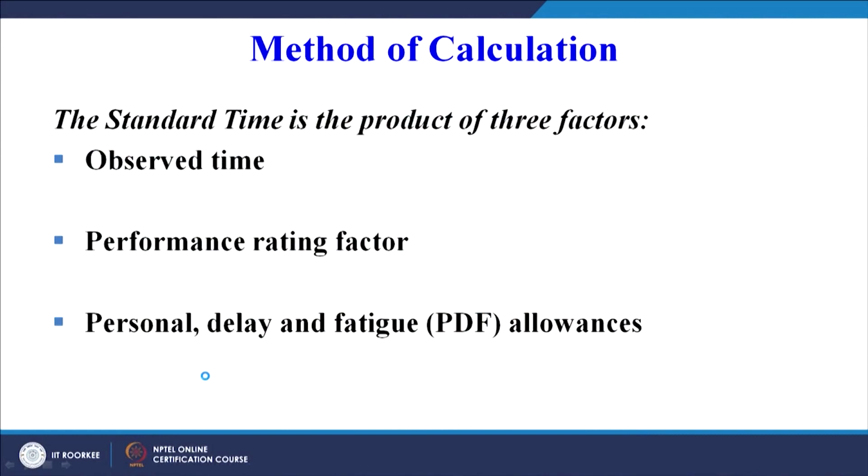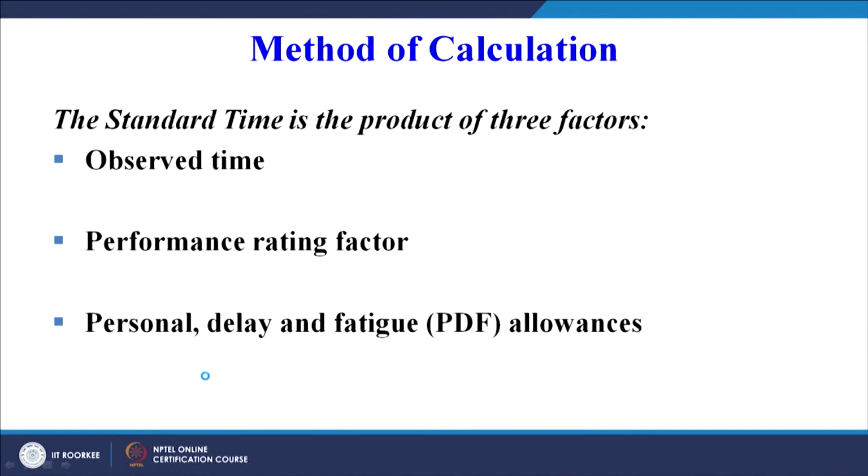All these will be used in mathematical form, but it is not going to be very difficult mathematics, just matriculate level, using simple actions such as addition, subtraction, multiplication, division. Based on that we will be able to calculate the standard time.